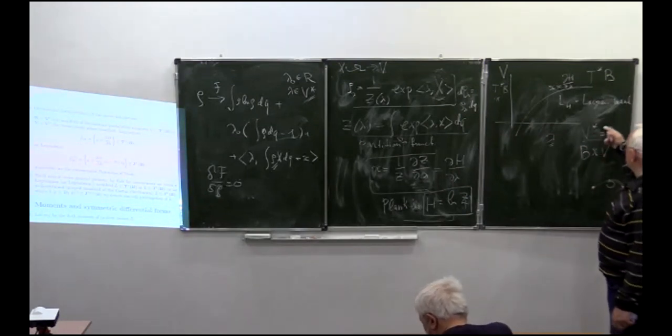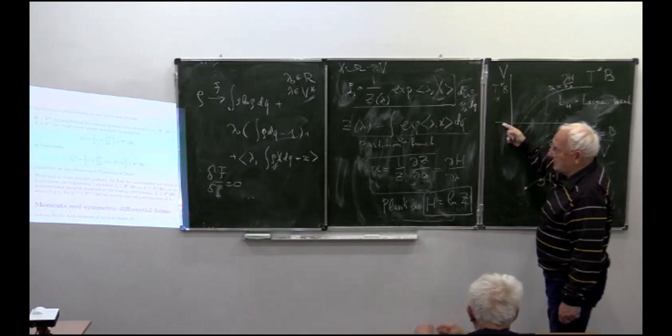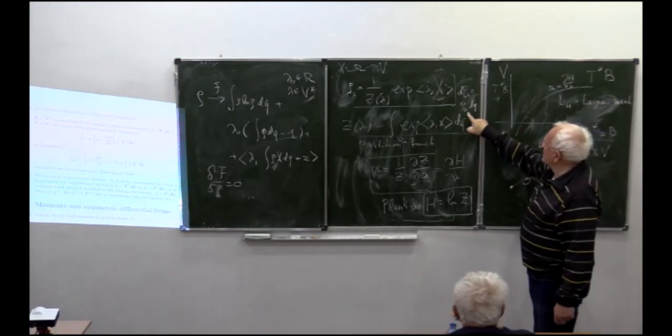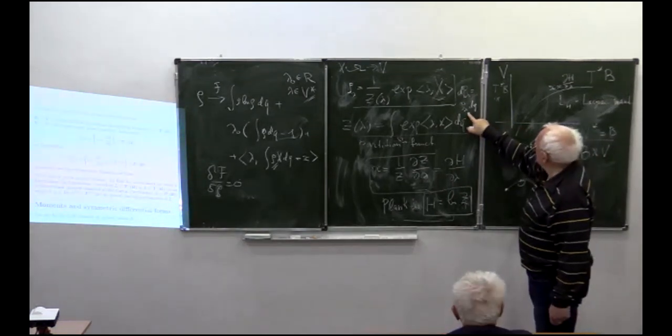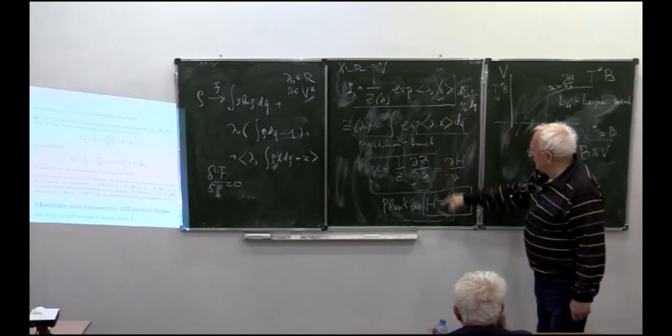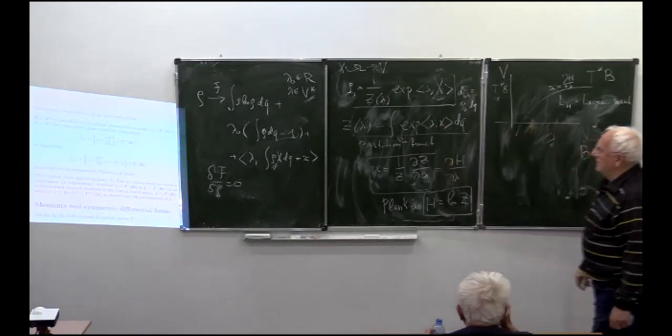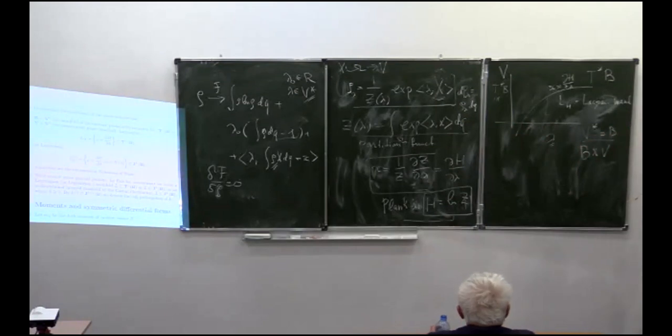So we can think of this as the space not of all measures, but only of very special measures. Let's call these extreme measures, because they give us a solution of our variational problem.